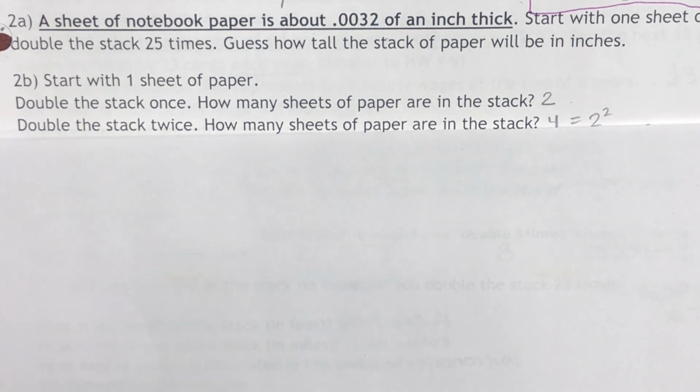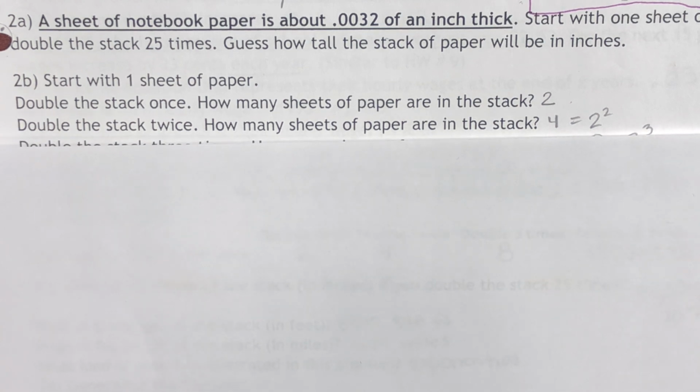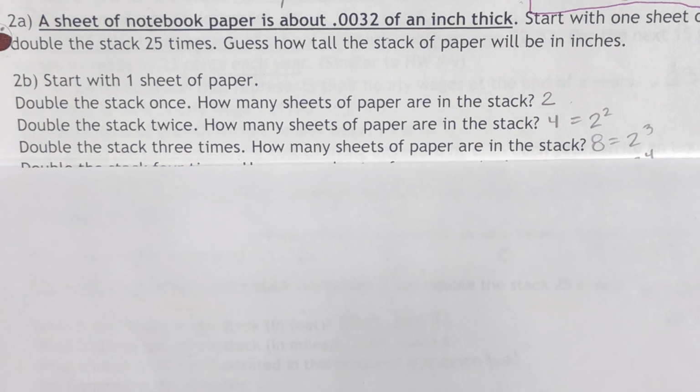All right, so double the stack once, that means you have 2 sheets in the stack now. Double the stack twice, 2 sheets was stacked once. Double that, you've got 2 squared, or 4 sheets. Double the stack 3 times means 2 sheets double stacked 3 times.